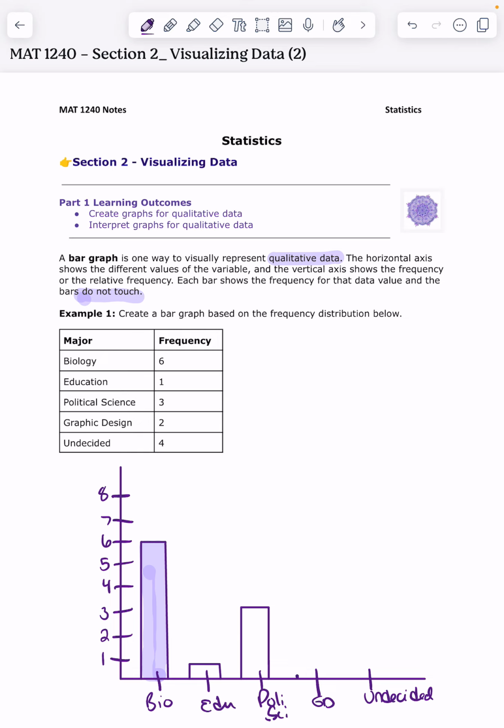So there's 2 graphic design. My rectangle there seems to have gotten a little wider. I didn't mean for it to. And then undecided is 4. So we go up to 4 and make a rectangle. All right, I'm going to take a highlighter and just color all of these in.